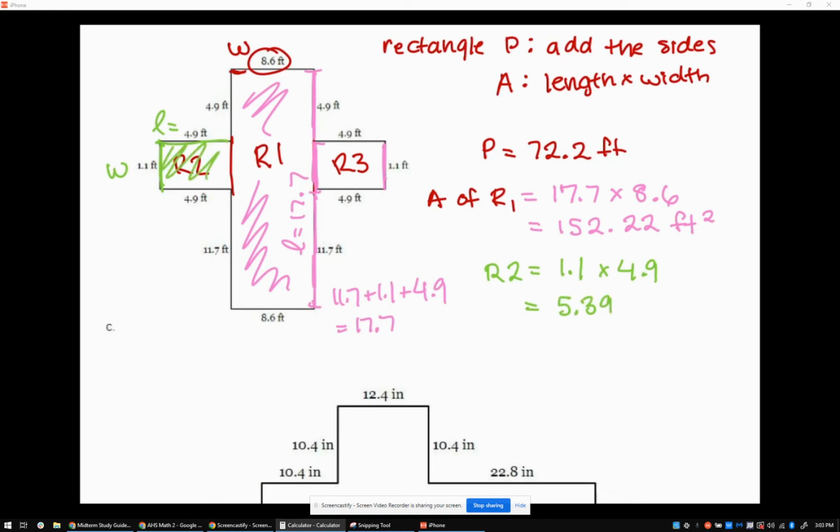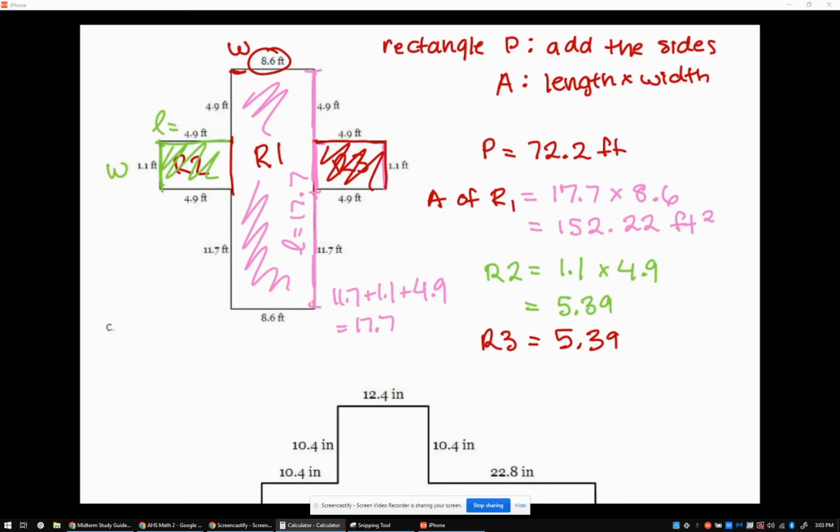So this section right here is 5.39. Something interesting to notice is that rectangle 3 is actually the same size rectangle. It's 4.9 times 1.1, so we don't even need to calculate that out. That's also 5.39.